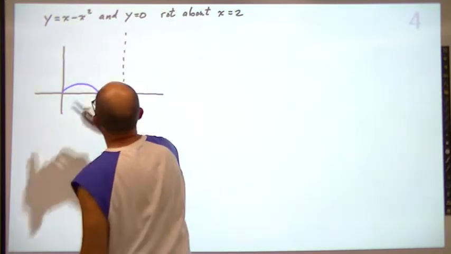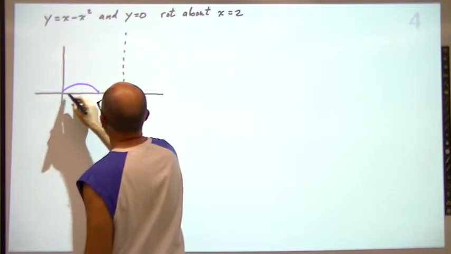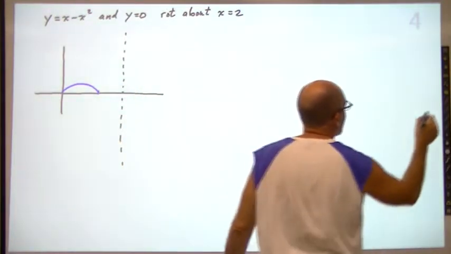Oh, and notice we have y equals 0. So y equals 0 caps it off on the bottom.